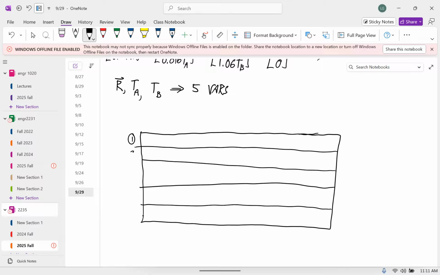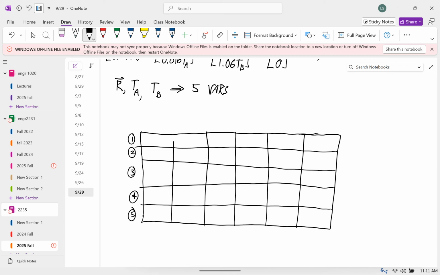So there's equation 1, 2, 3, 4, 5. And we're going to have 6 columns. That's 1 for each variable and then 1 for the constants. I'll do these in the order Rx, Ry, Rz, TA, TB, and then the constant.